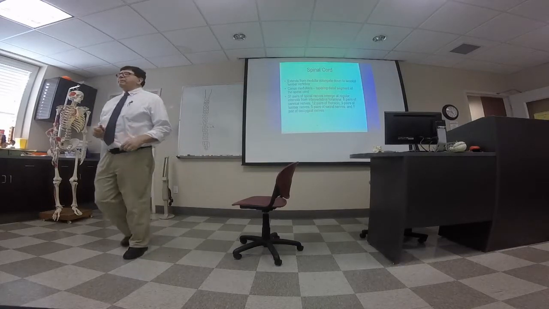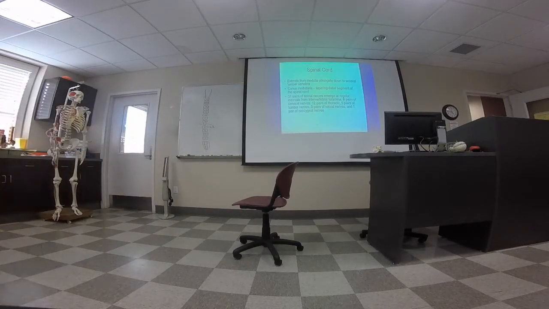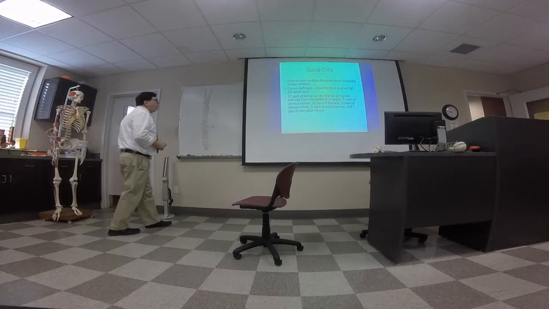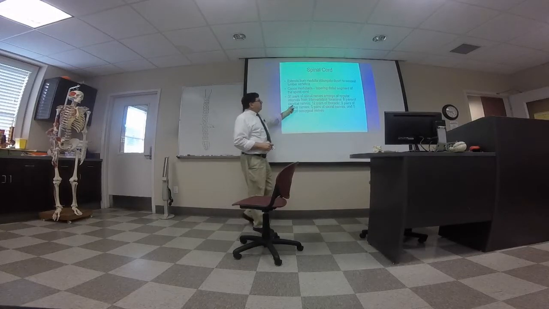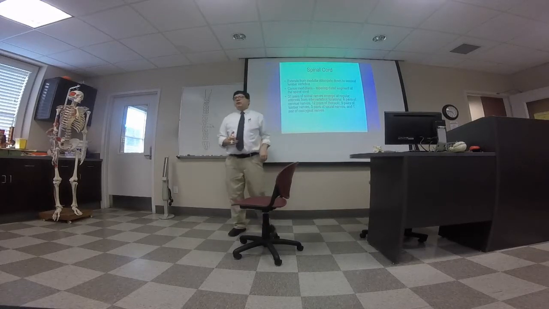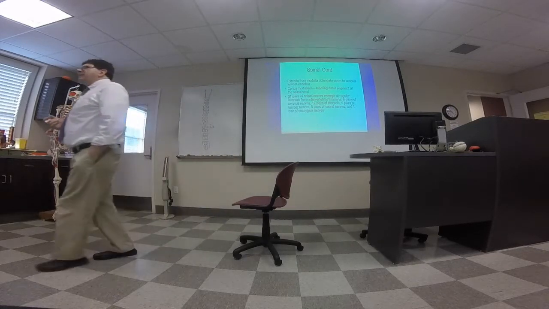Now, those 31 pairs consist of 8 cervical spinal nerves, 12 thoracic, 5 lumbar, 5 sacral, and 1 pair of coccygeal. All 8 of the cervical spinal nerves emerge from the spinal cord above the vertebra of the same name.